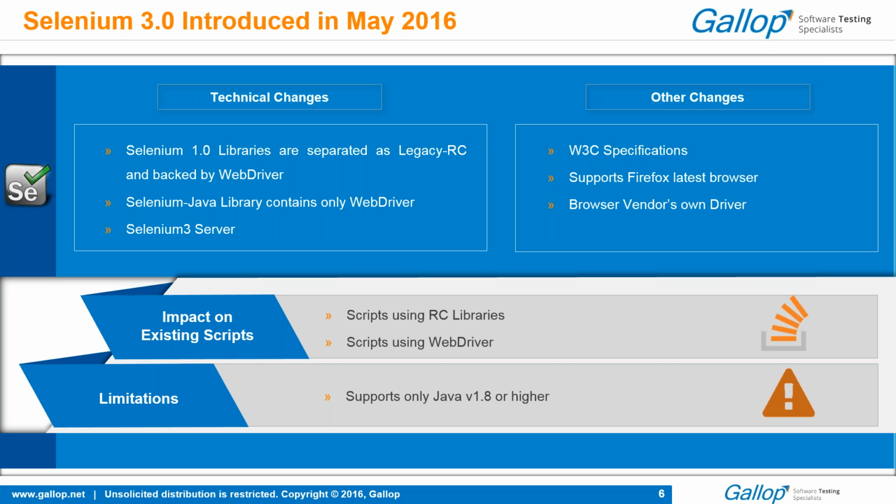Even though they switch to 3.0 now, they can do a slow migration because we have enough time, and the legacy RC library is still provided, so they can switch to the legacy RC library first, and then by 4.0 they can completely migrate to WebDriver. So there is an option in 3.0 for a slow migration, and there is still plenty of time given to switch to WebDriver.